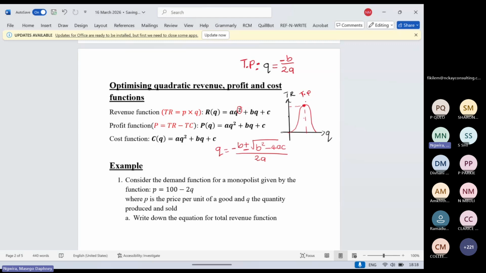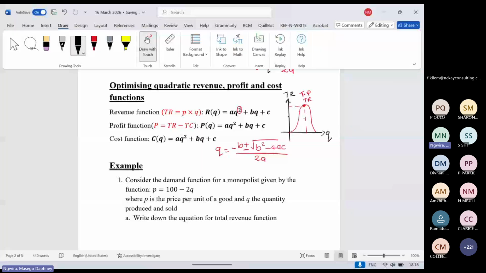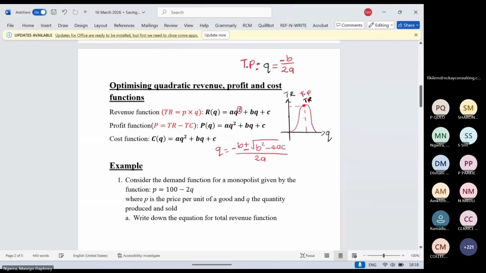So at the turning point, my total revenue is at its maximum. When my graph looks like this, the total revenue is at its maximum here. If I ask you to maximize, or what is the maximum, you have to find this point for me. But you'll see it when I do an example.